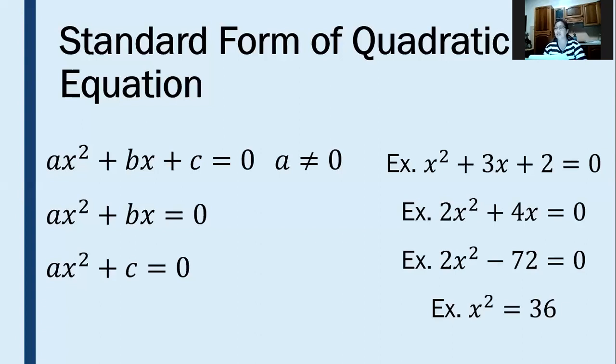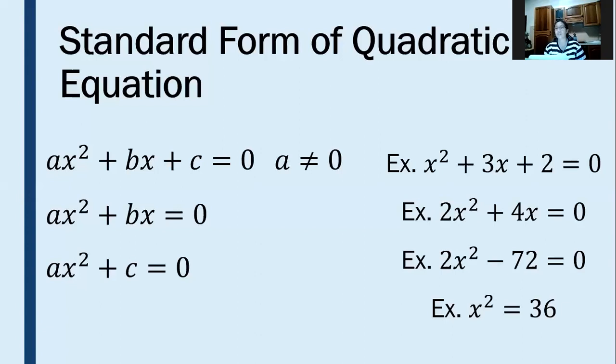Using the axiom of addition, add 72 to both sides of the equation. Then divide both sides by 2. The resulting equation is x squared is equal to 36, because 72 divided by 2 is 36, and 2x squared divided by 2 is x squared.